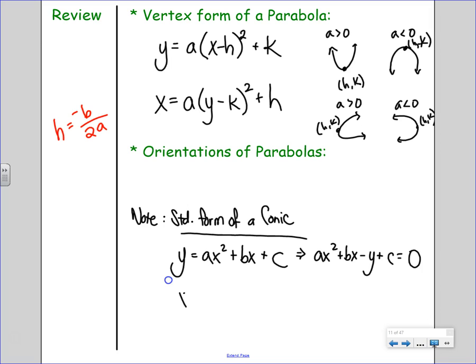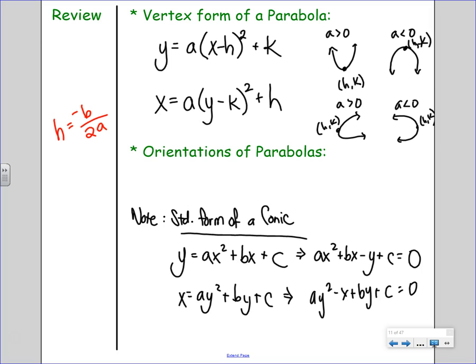Or it could have been x equals ay squared plus by plus c, which rearranged would give you ay squared plus by minus x plus c equals 0. This is just tying in what we've already done with the standard form of a conic.